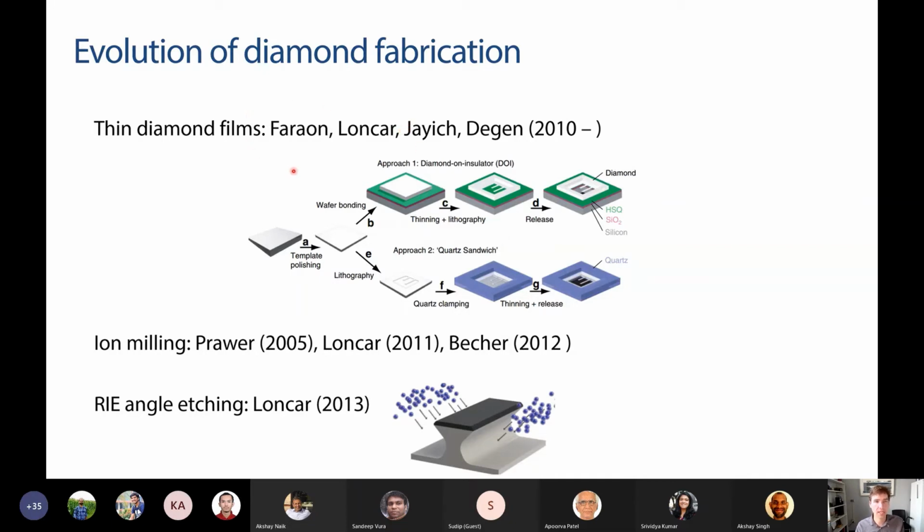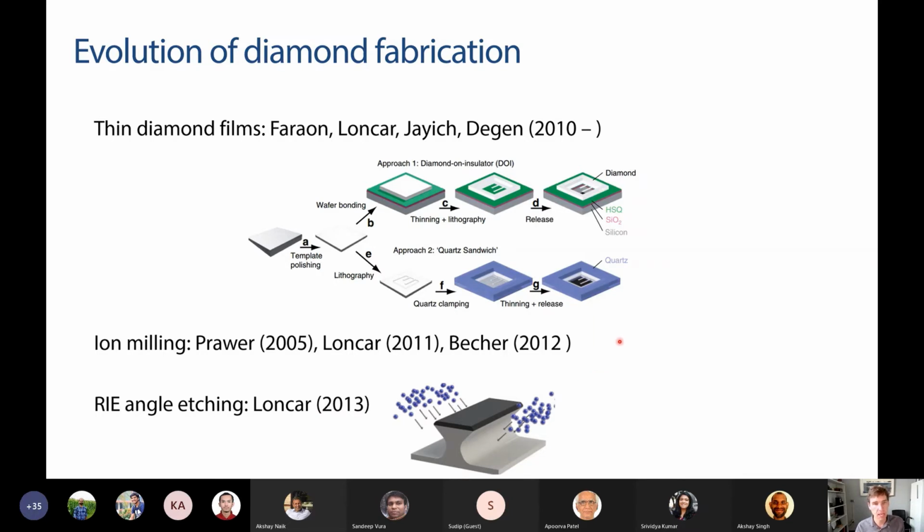Work from a number of groups taking bulk diamond and gluing it onto a substrate and then polishing it or etching it down so you have a thin film of diamond on top of your favorite substrate that you can then pattern to create photonic devices or waveguides. Ion milling techniques, and also angle etching techniques, which allow you to create 3D structures from bulk diamond.